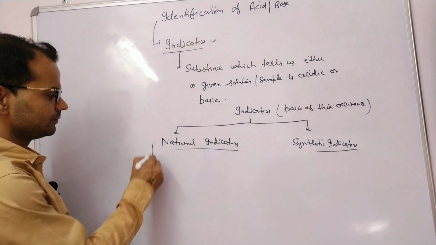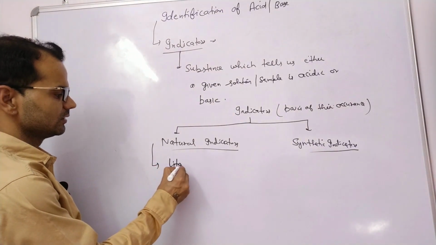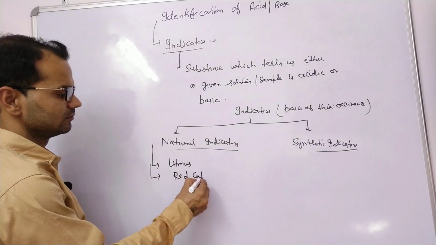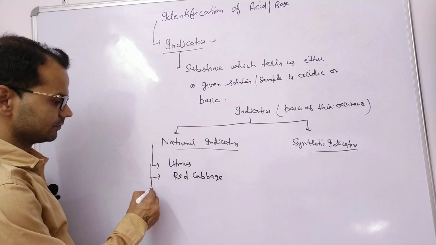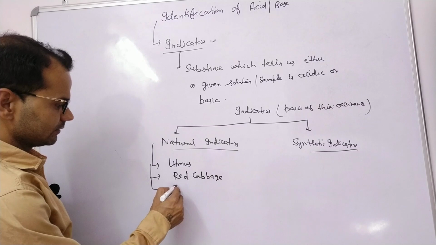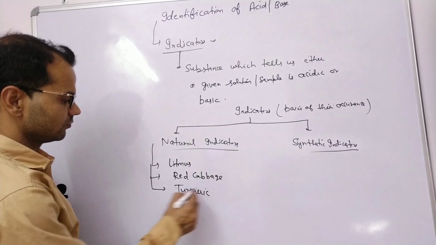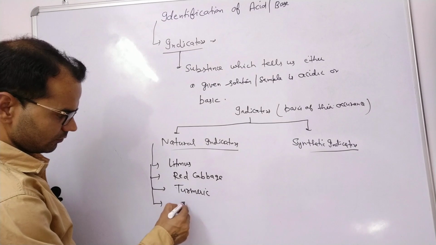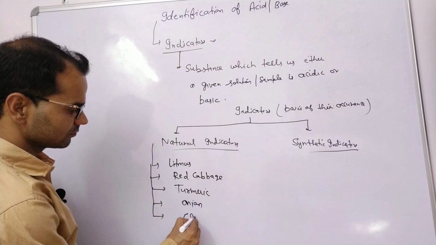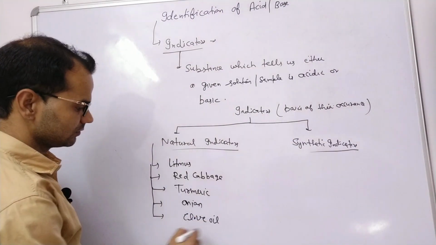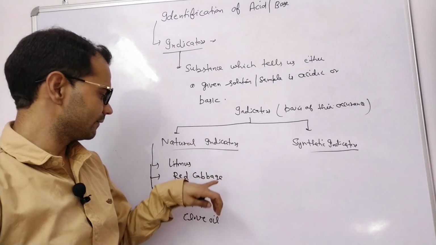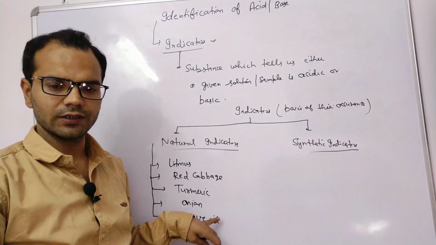Natural indicators we have litmus, second red cabbage, third turmeric, fourth onion, fifth clove oil. So we have basically 5 natural indicators: litmus, red cabbage, turmeric, onion and clove oil.